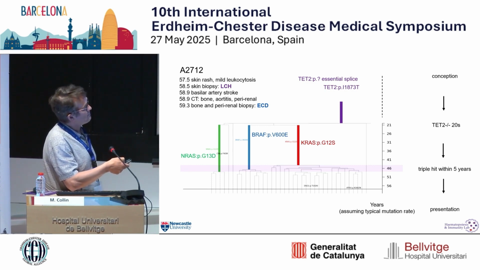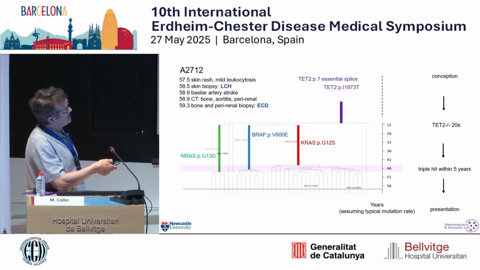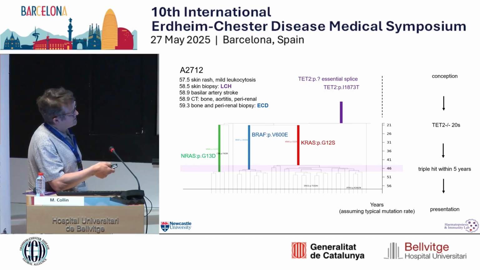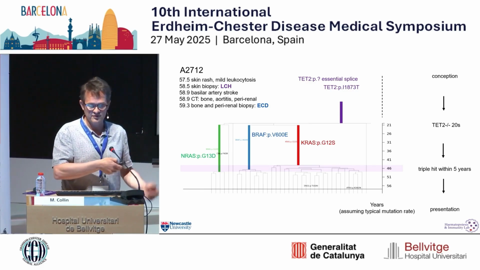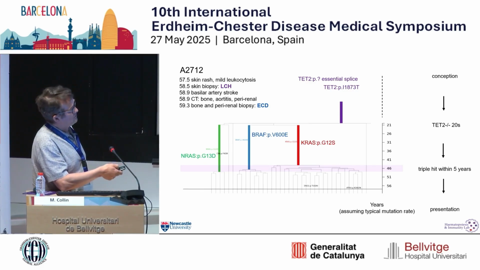But essentially, we can see that the first thing that happened, she acquired these 2 TET2 mutations. And we know from adjusting the known rate of mutation, calibrating this to years of life, so this is early 20s, that she'd acquired a clone of TET2, biallelic TET2 mutation by her early 20s.